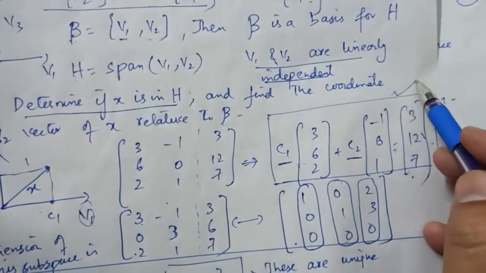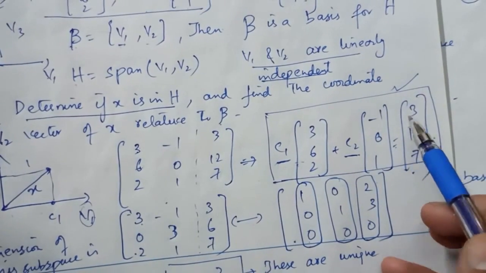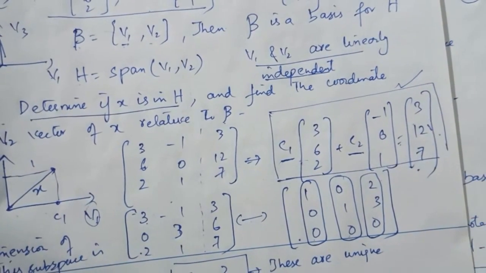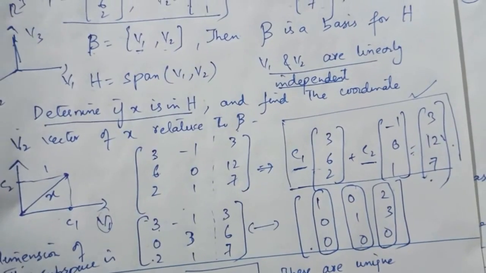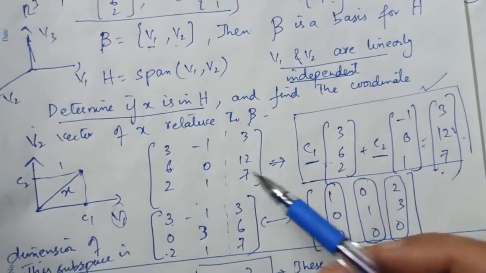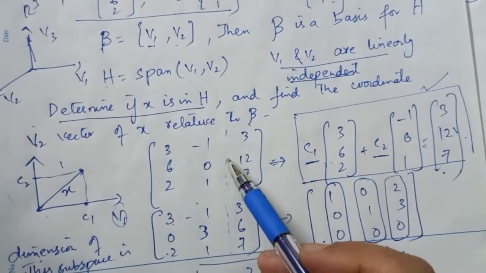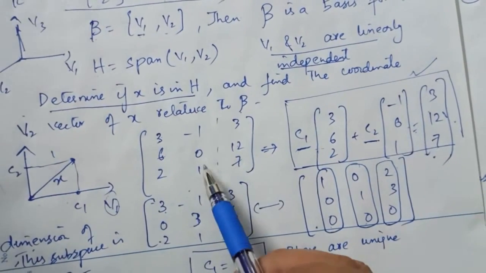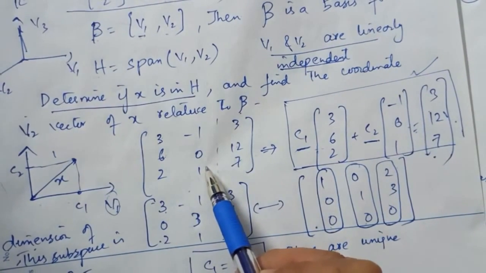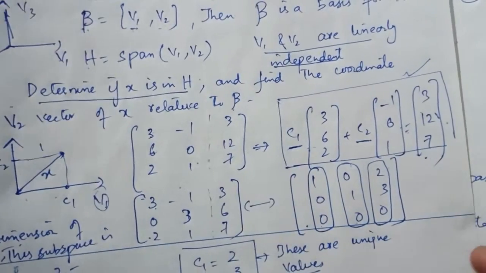This is equivalent to solving a system of linear equations, which we can do using an augmented matrix. So we built an augmented matrix and went on to find the solution.